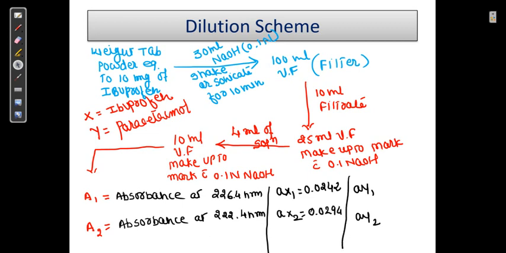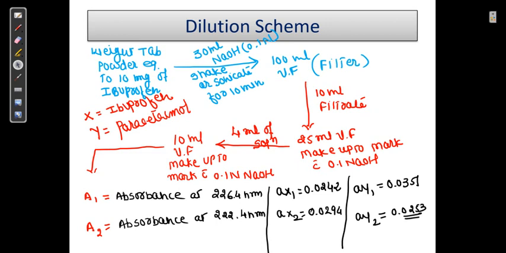What is AY1? 0.0351. And AY2 is 0.0253. This is given in the assay procedure, right?